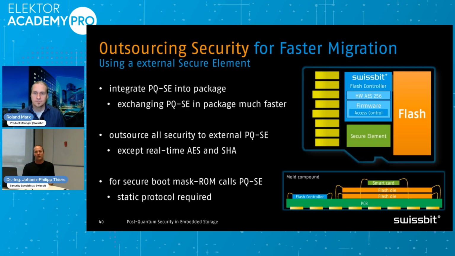And only if the secure element verifies it correctly, the flash controller boots the firmware. That's kind of the idea. But if we then want to change the secure element, it's clear that the protocol that we use to communicate with the secure element has to be static, but this is not a problem. We usually use ISO 7816, which is the standard for smart card communication. So we don't really have an issue there.